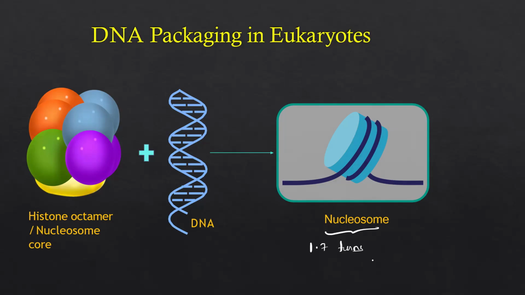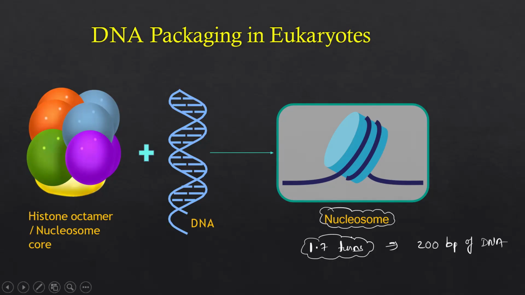These 1.7 turns contain 200 base pairs of DNA. So this octamer is wrapped by DNA, 1.7 turns, making 200 base pairs. That structure we call the nucleosome. Remember this: the histone octamer plus DNA wrapping around it 1.7 turns is called the nucleosome.